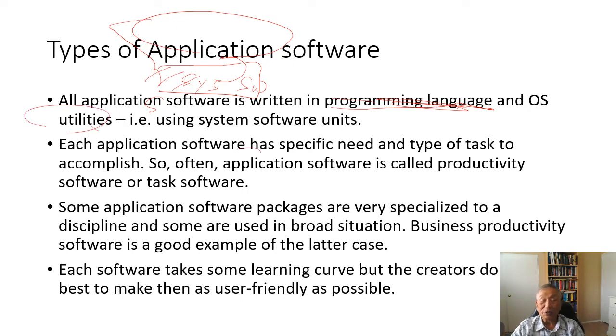And each application software has a specific need and a specific task. Of course, some application software is very large scale and has so many functions that it can be used for various purposes, while other application software has just a small scope of functions.